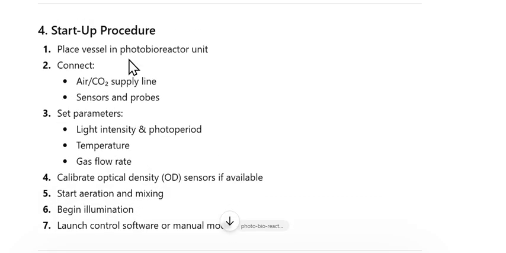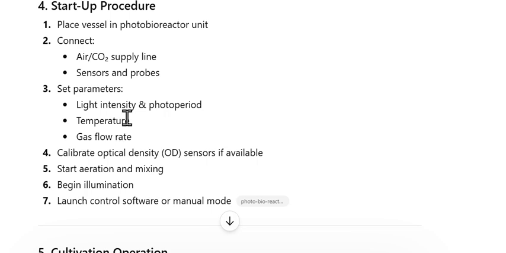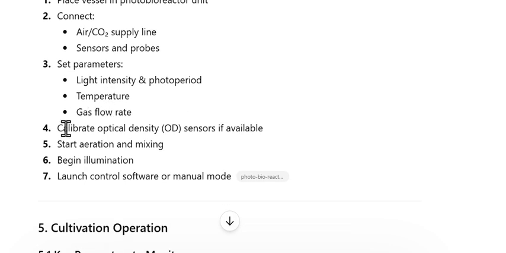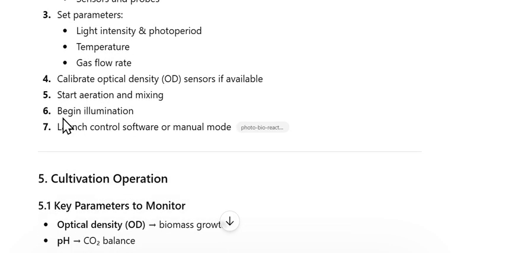So for the startup procedure, in the general process, we have the photobioreactor. Now we connect it with sterilized air, sensors and probes. We set different physical parameters like gas flow, temperature and light period, adjust the photoperiod, and calibrate the optical density. Daily we monitor optical density.